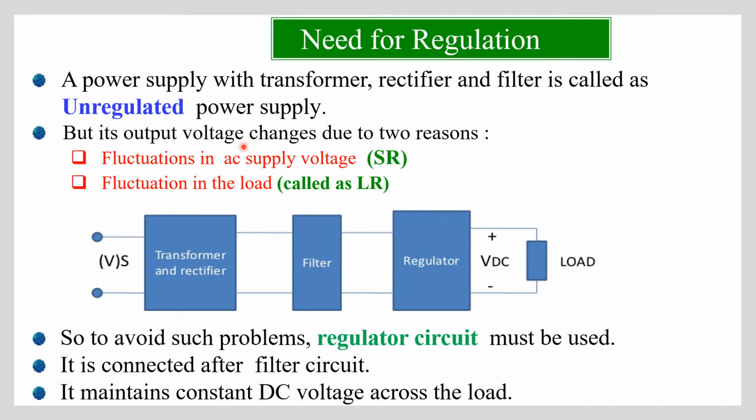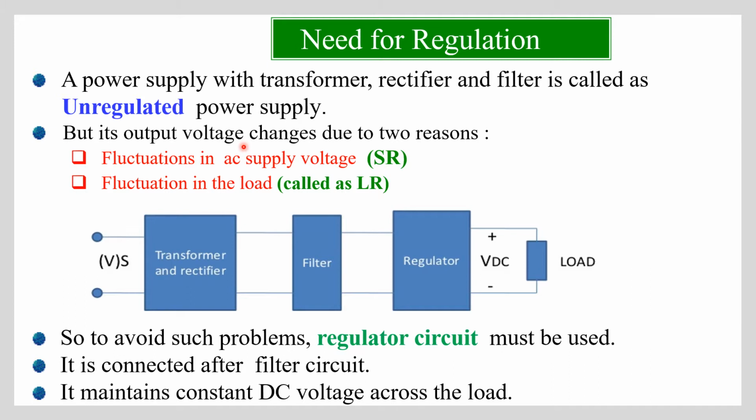When an unregulated power supply is used, the ripples are filtered from the rectifier output and we get a sufficiently steady DC output. We take the AC supply, step it down using a transformer, convert the bidirectional AC into unidirectional DC using a rectifier, then filter out the AC components using a filter and get steady DC.